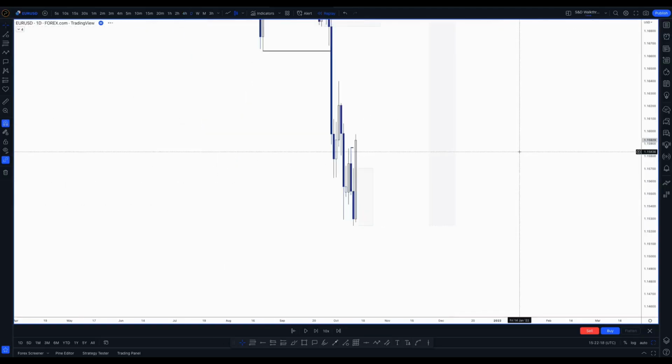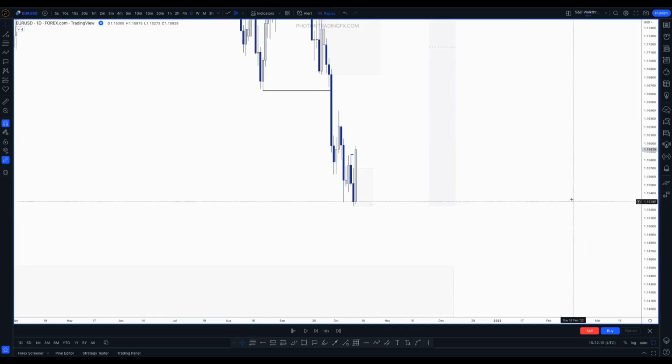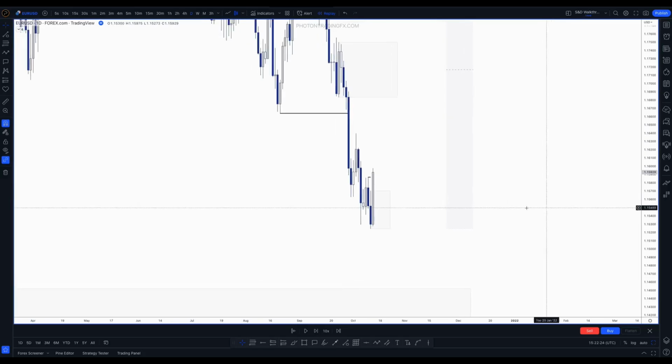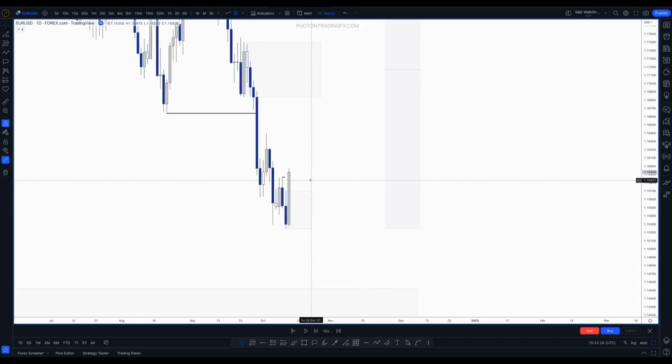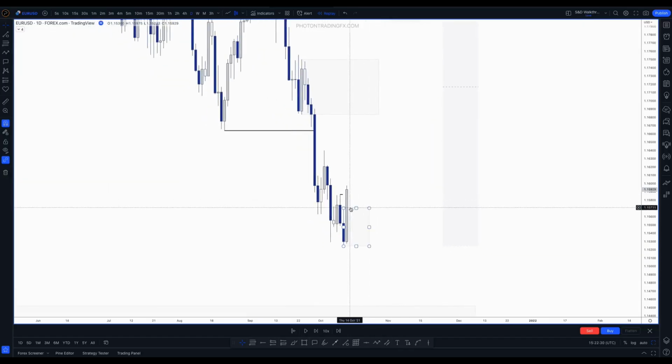Remember, quick recap, we are only really trying to be interested in what we call institutional zones. So it needs to be a zone that has achieved something. In this case, we want to see that it's broken structure. For a daily zone to be a valid institutional zone, it needs to break daily structure.